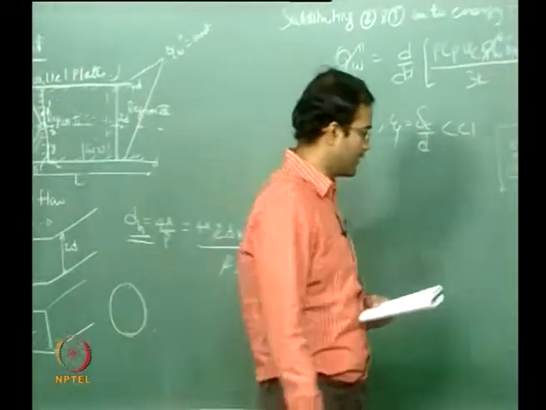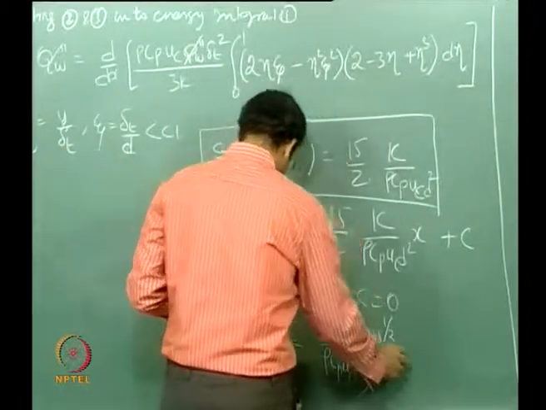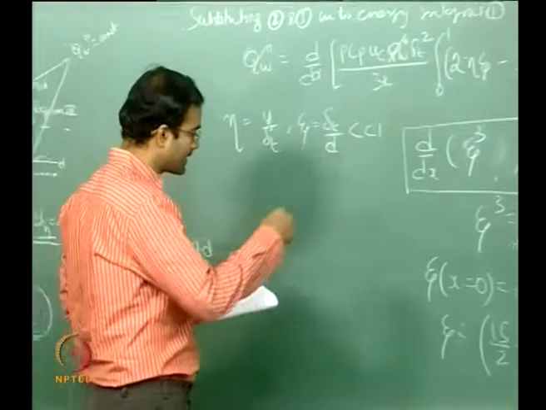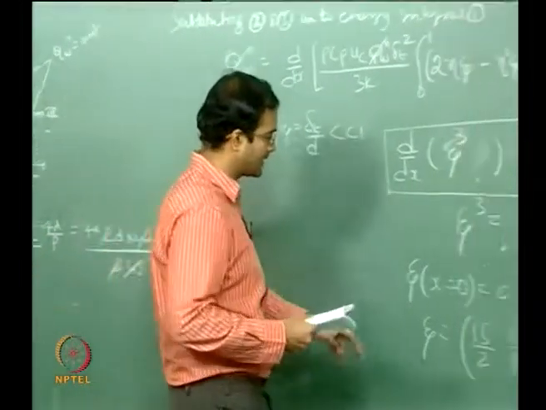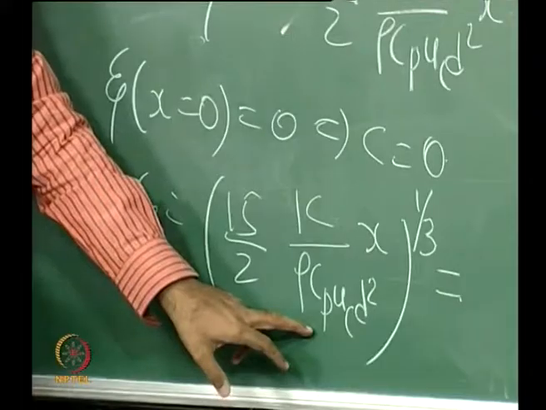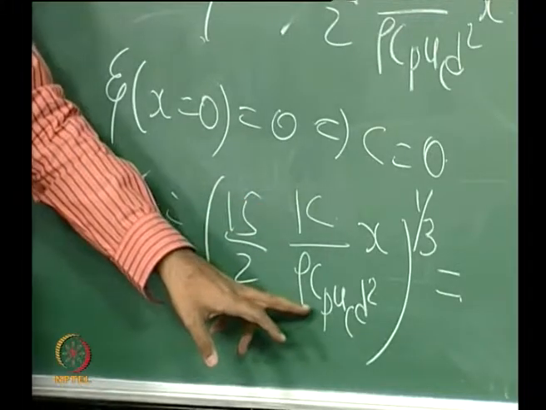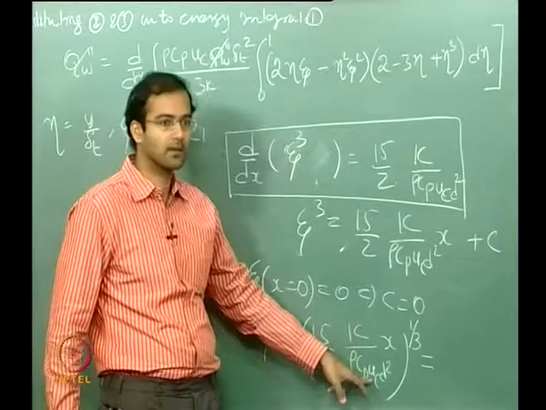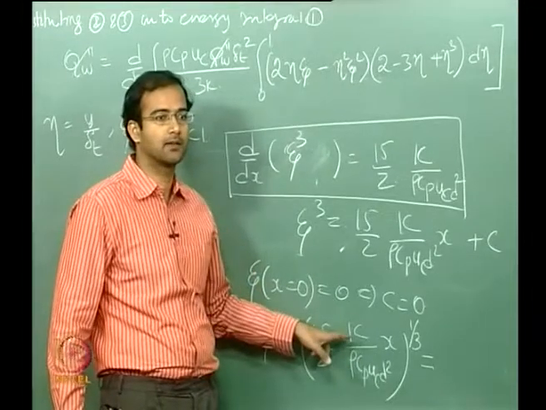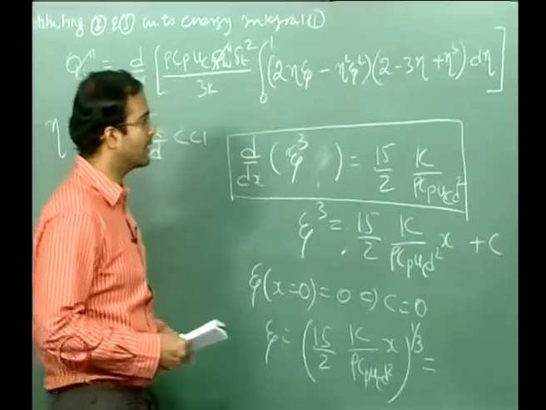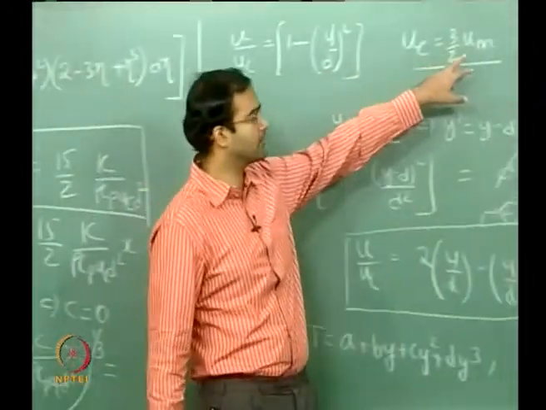Now what I am going to do is recast it a little so that I can construct a non-dimensional variable out of this. My k by rho Cp is alpha, so I have uc d by alpha. I know my relationship uc is basically 3 by 2 um.